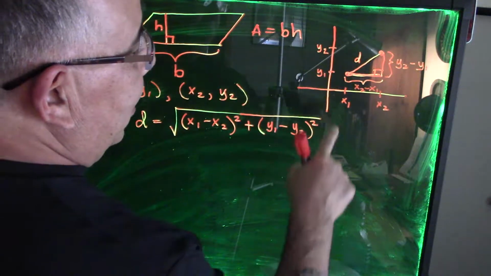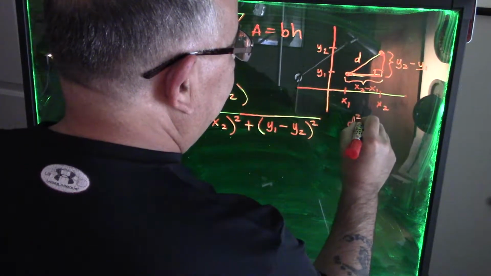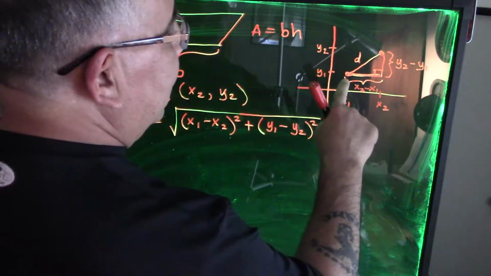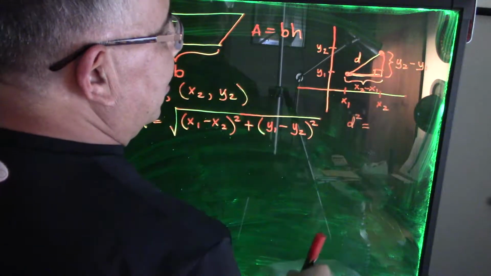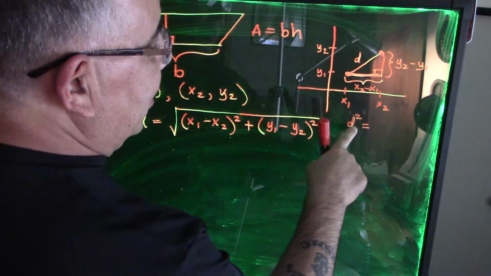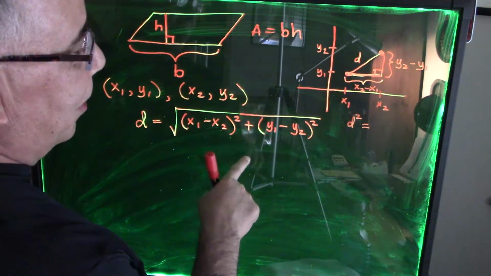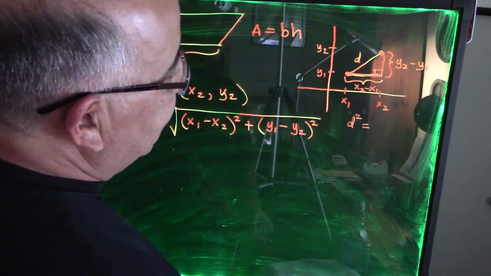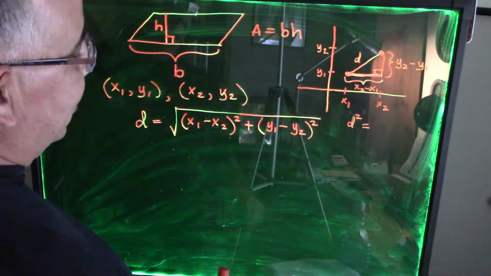So distance d squared is equal to this distance squared plus this distance squared. And then if you want just d, take the square root of both sides, and you'll end up with this formula.